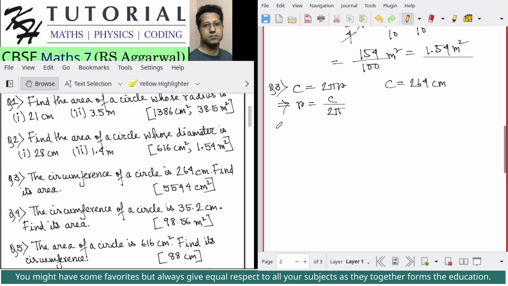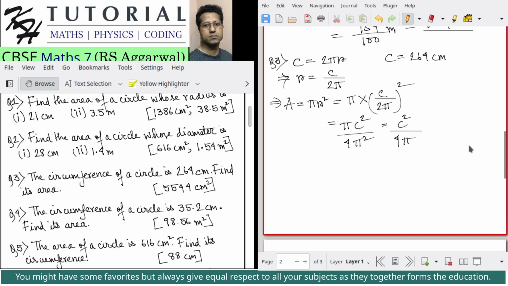Okay, so now what will be the area? Area is pi r square, which is equal to pi times C by 2 pi whole square. This is equal to pi C square divided by 4 pi square, and this is equal to C square by 4 pi.